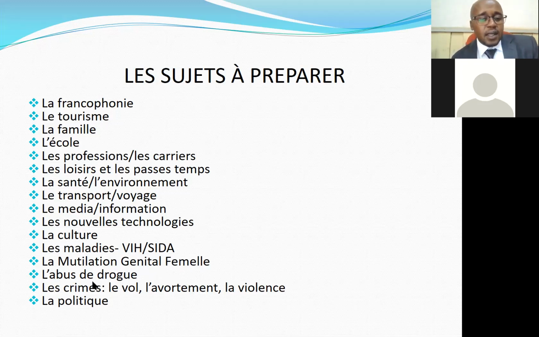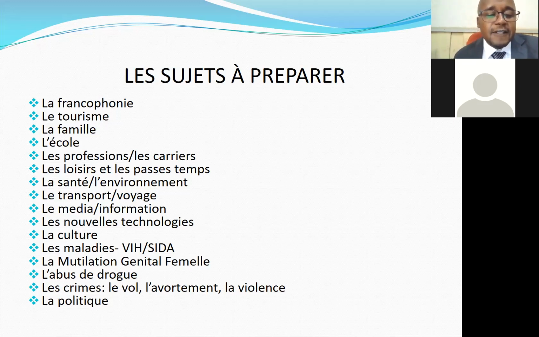They may come. L'abus de drogue. L'abus de drogue is a constant topic. Quelles sont les drogues? Le marijuana, l'héroïne, le cocaine. What are the drugs you know in French? Quels sont leurs effets?